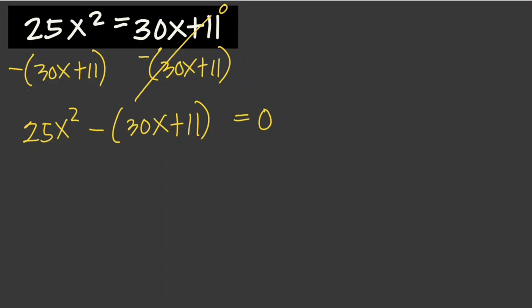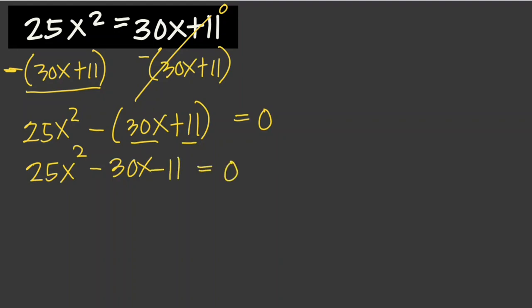Okay, you have to write this expression inside a parenthesis because of the minus sign here. You need to distribute the minus sign to each of the terms inside the parenthesis. So this would become 25x squared minus 30x minus 11 equals 0.